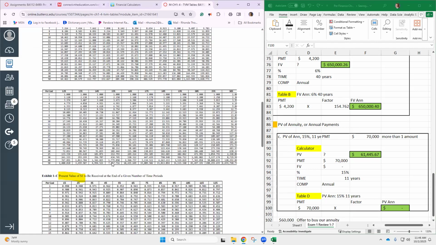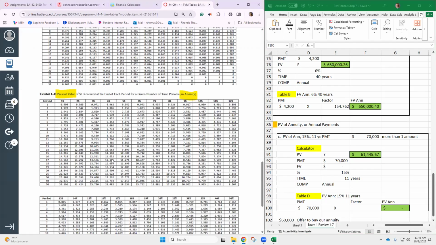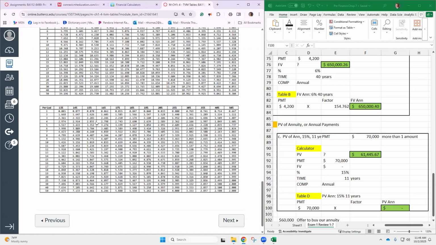We're using table D. I'm looking at 15%. Very rarely have I had to go down to the second part of this table. 15% in 11 years, so 5.234.